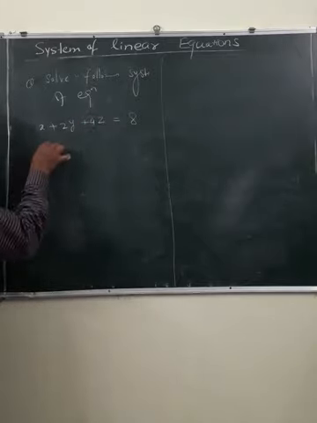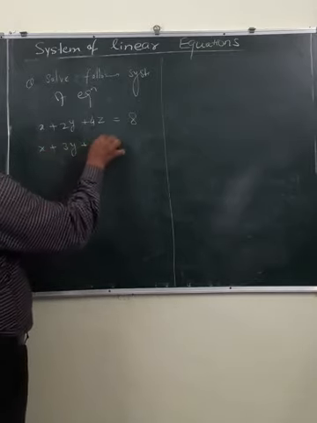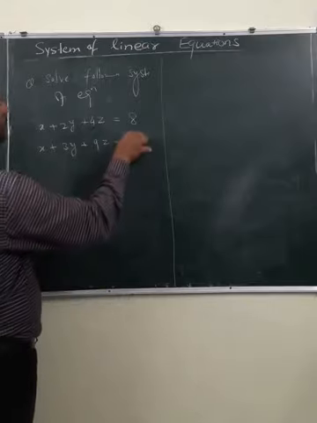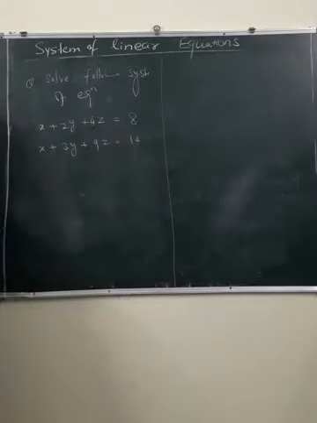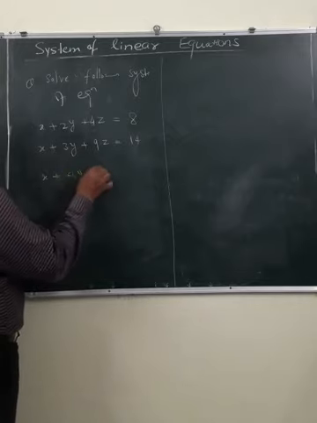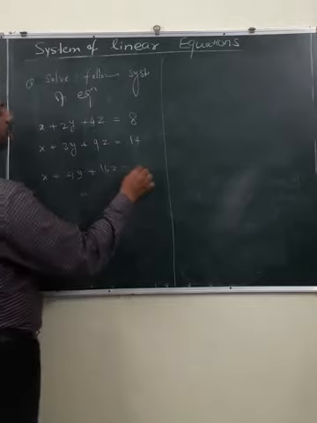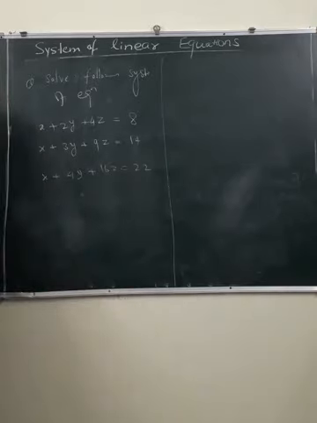And second equation, x plus 3y plus 9z is equal to 14, and x plus 4y plus 16z is equal to 22. Suppose I have to solve this system of equation. Then solve. You can try also.